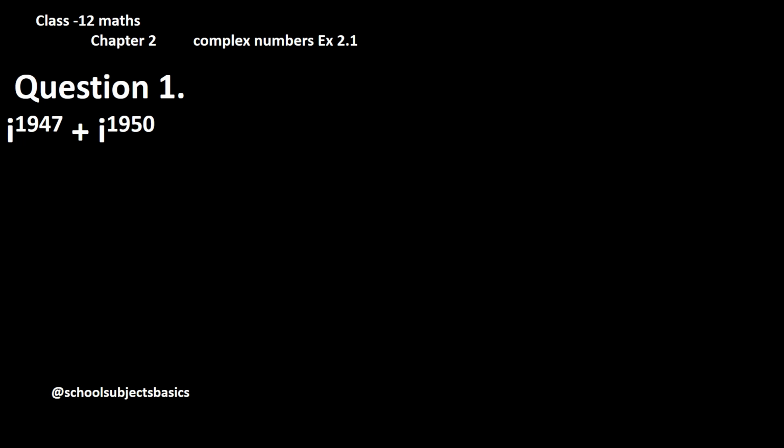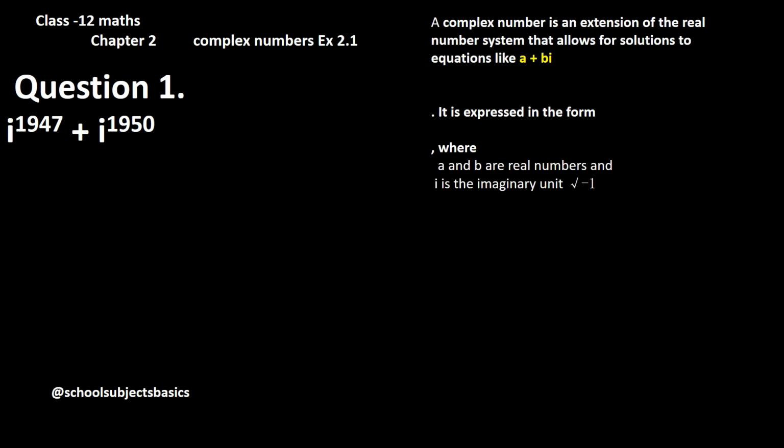Before solving this question, we should first understand what is meant by a complex number and its table. A complex number is an extension of the number system that allows solutions to equations, of the form a + bi, where a and b are real numbers and i is the imaginary unit.